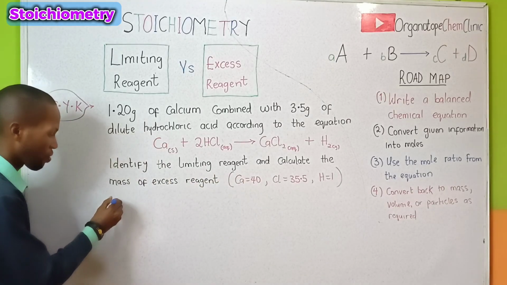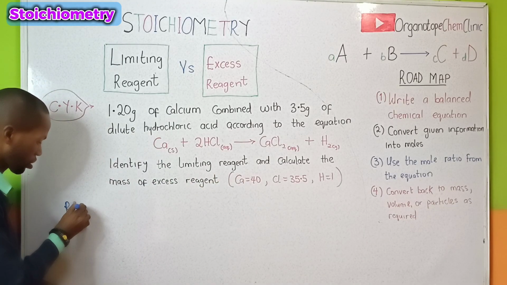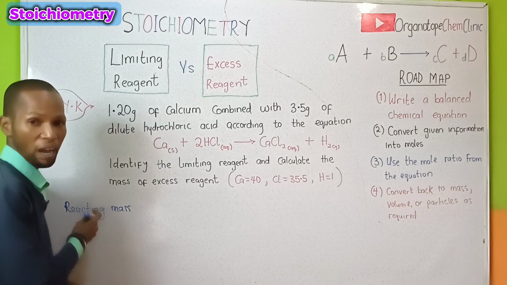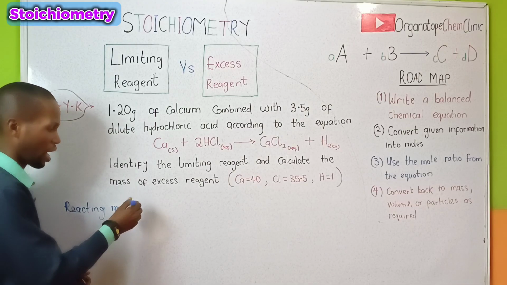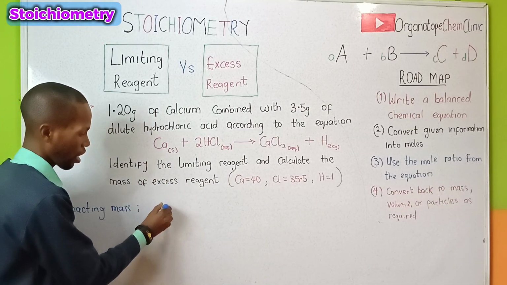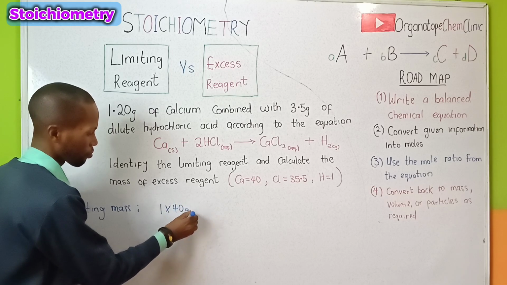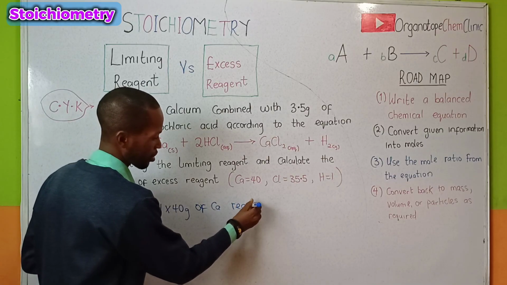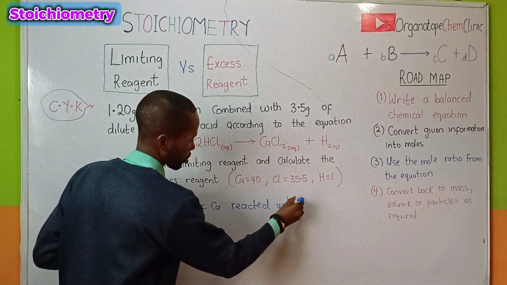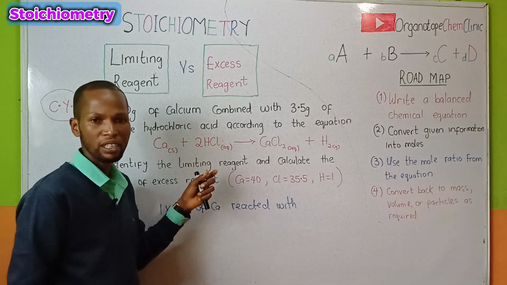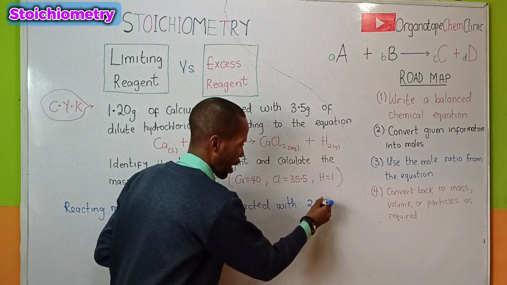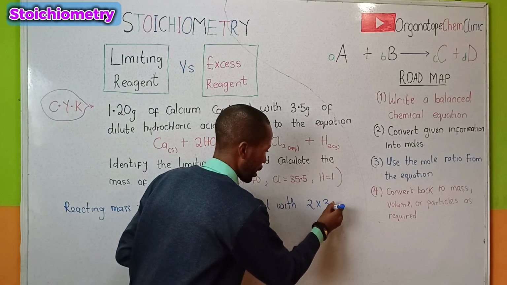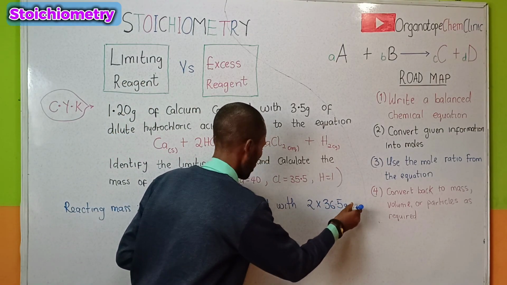So we have the reacting mass from the stoichiometry of the reaction as, for calcium, 1 times 40 gram of calcium reacted with the hydrochloric acid here, which is 2 times the molar mass of hydrochloric acid, 36.5 gram.